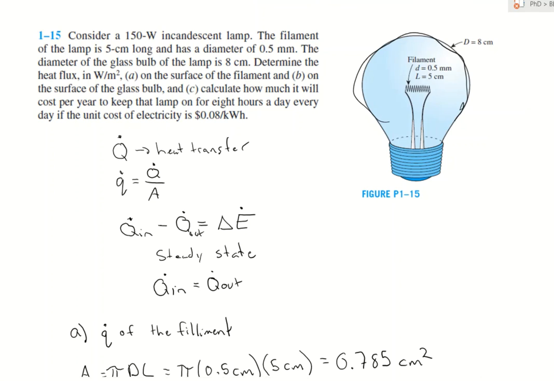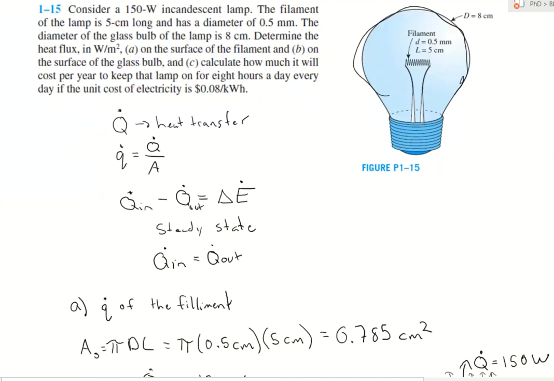But we do know that the cost, so we wanted to see for 8 hours a day, every day, with the unit cost of electricity 0.08 dollars per kilowatt hour.